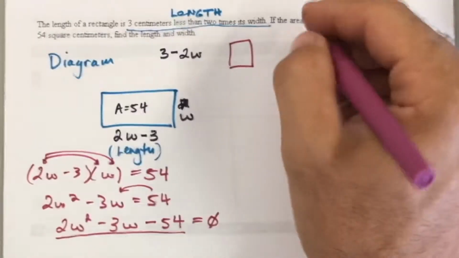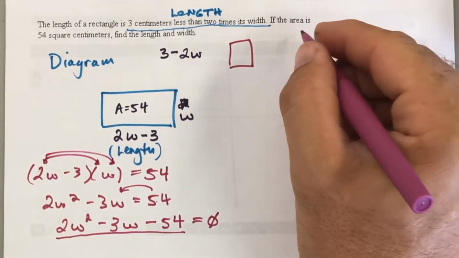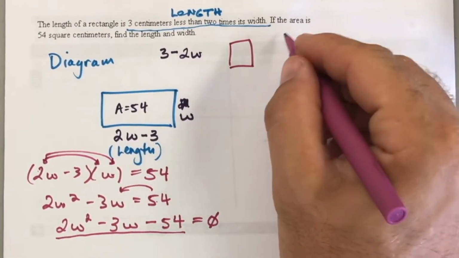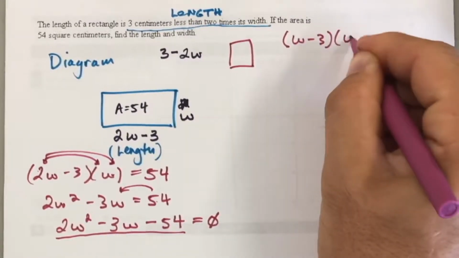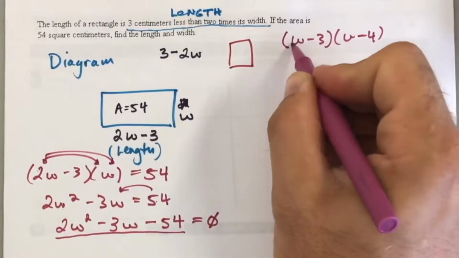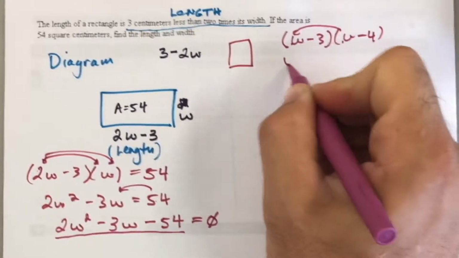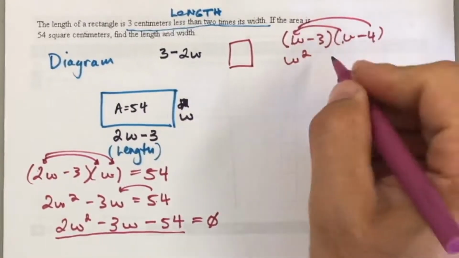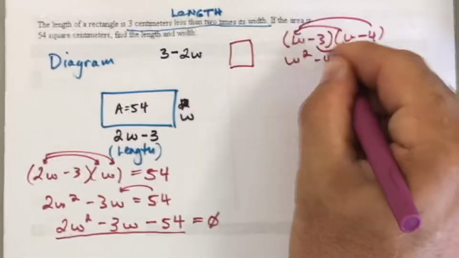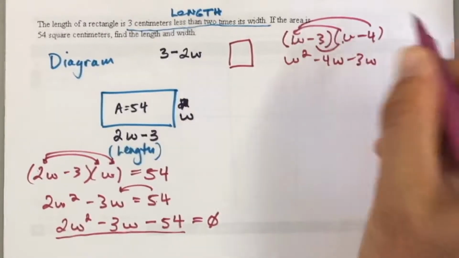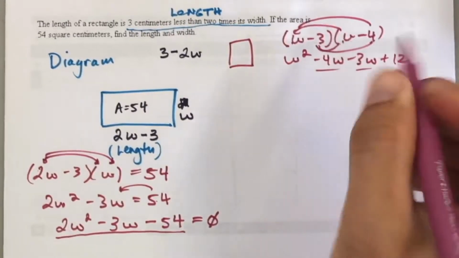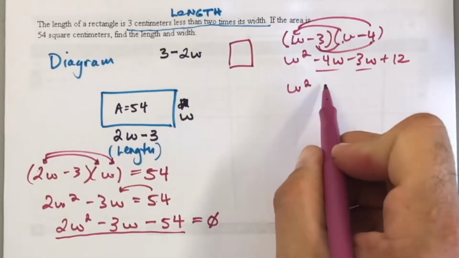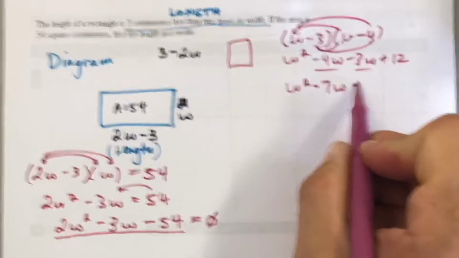Now, I'm sure you've seen in the past some form of foiling, right? Where you do first W squared, outside minus 4W, inside minus 3W, last plus 12. And then you combine like terms and you get W squared minus 7W plus 12.